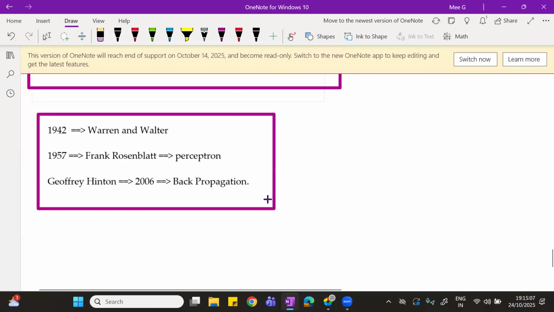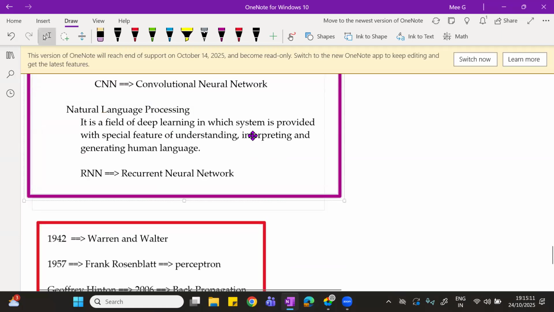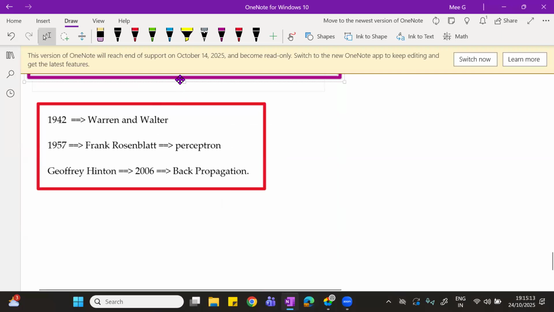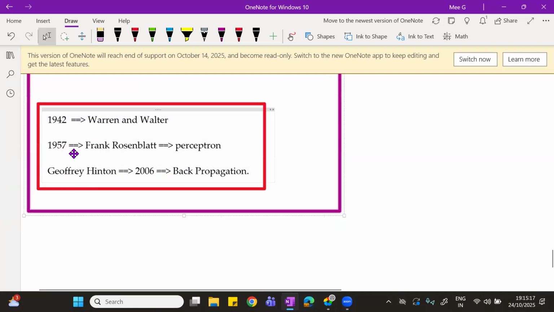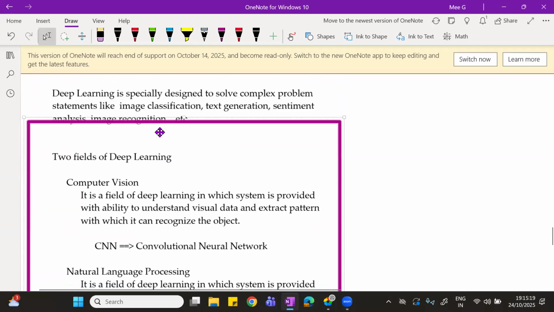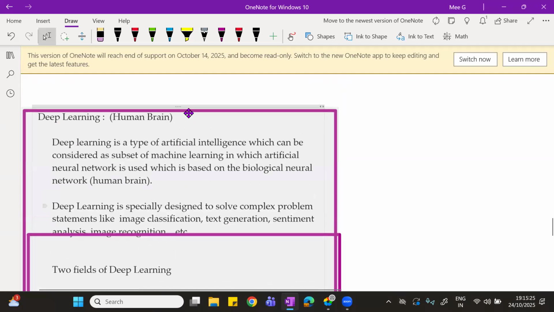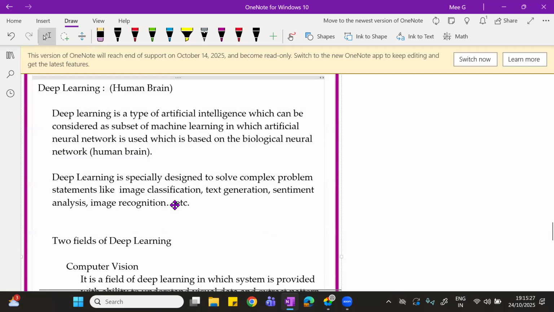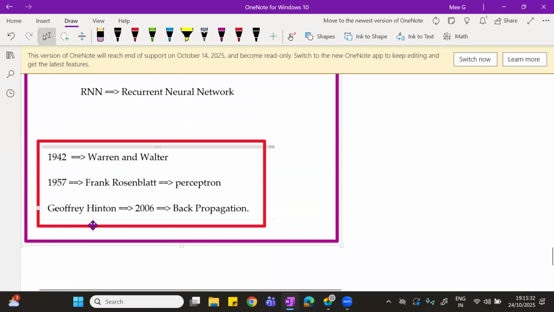Even though deep learning was introduced officially in 1942, the actual recognition of deep learning came in 2006.